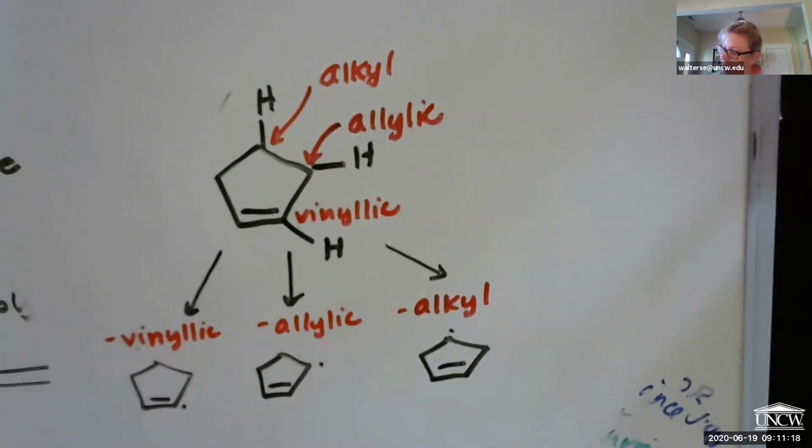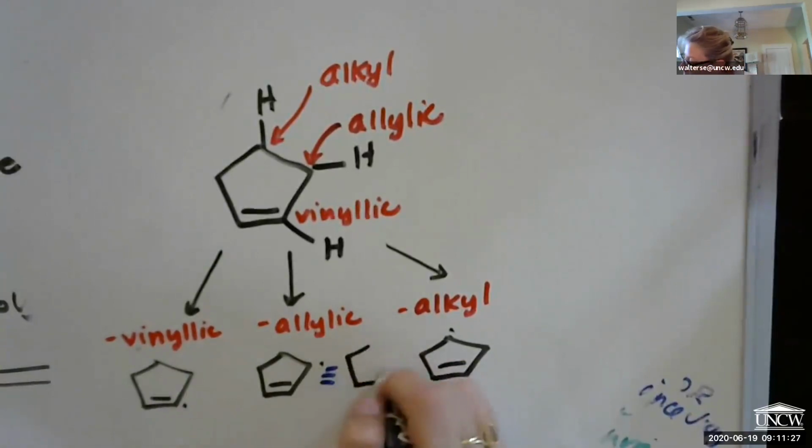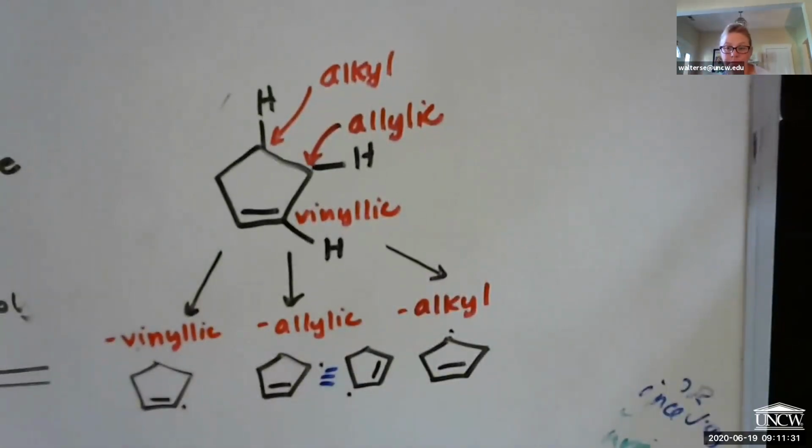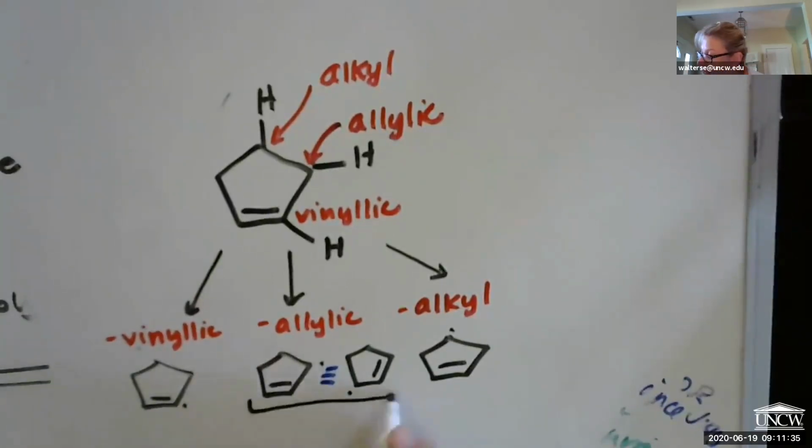The only one of these that has a resonance structure is the allylic one. So allylic radicals are resonance stabilized.